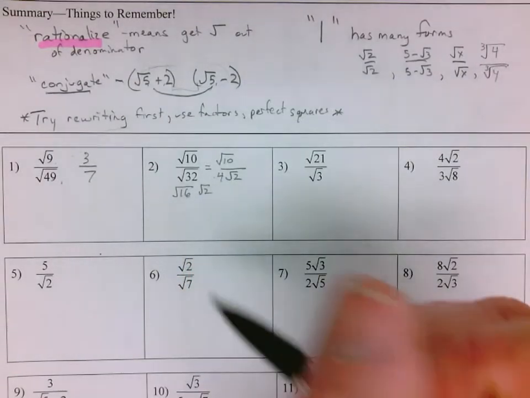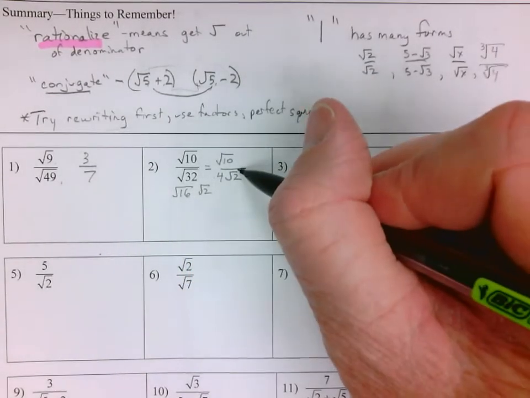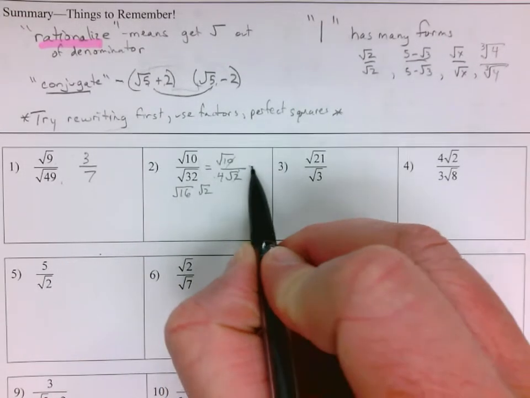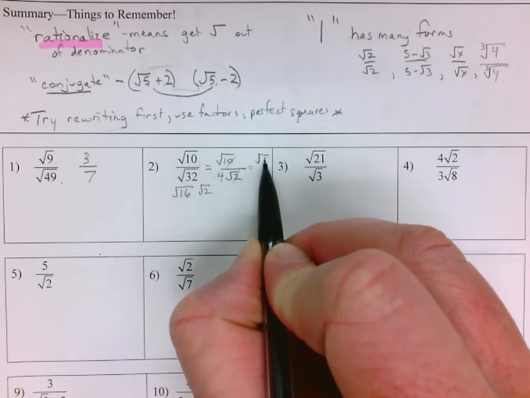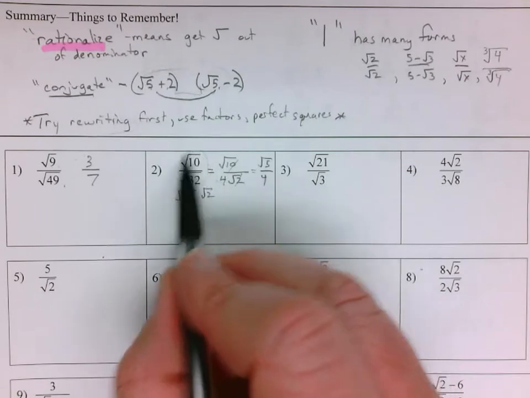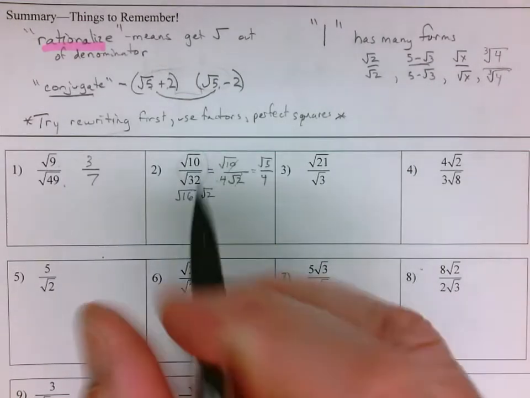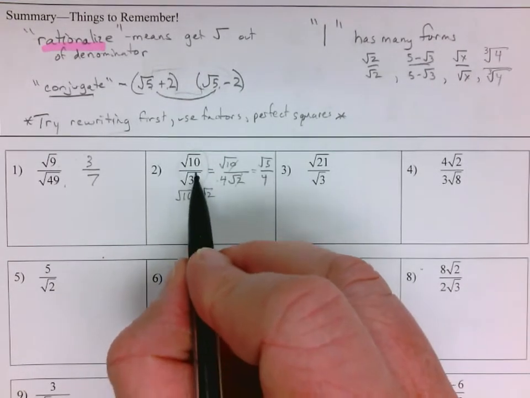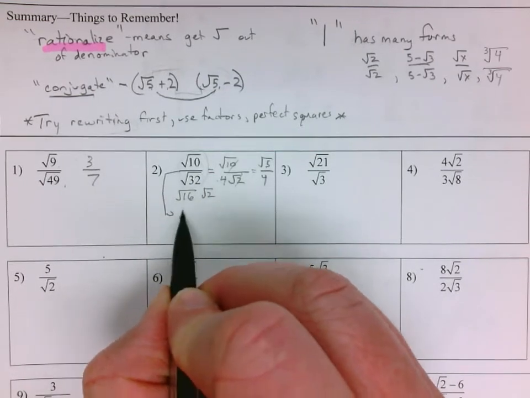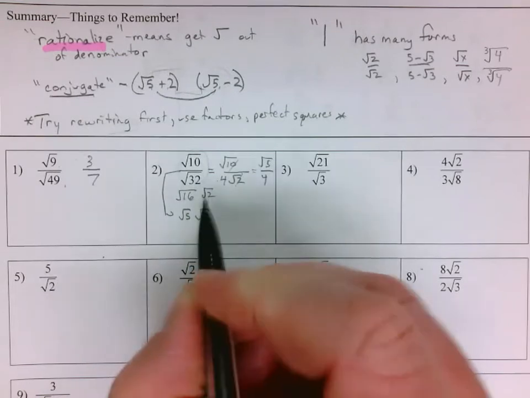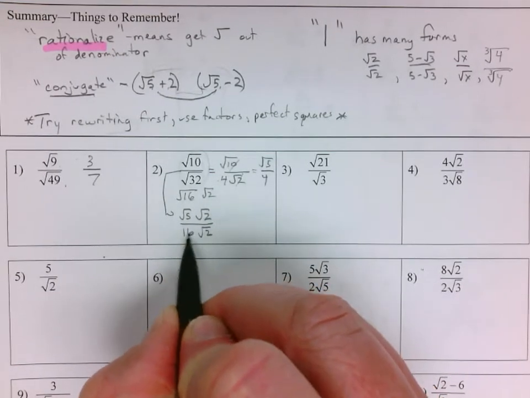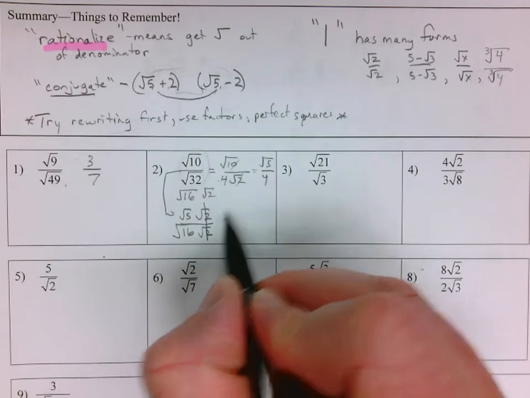And then I could use my properties of radicals, and I know the 2 and the 10 can divide out, so I'd have radical 5 over 4. That method works. You can also just go right to it and multiply by radical 32 over radical 32. You could also factor. The other method would have been to take 5 and 2 and 2 and 16, and it cancels out. Either way, you get to this point.